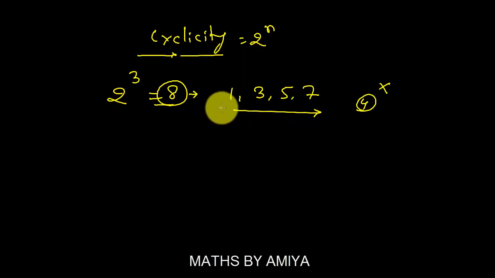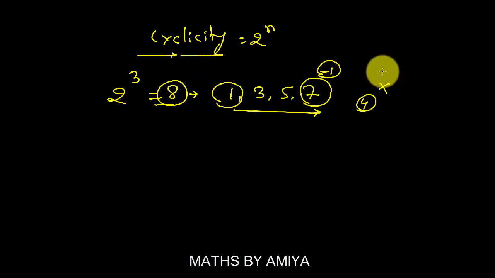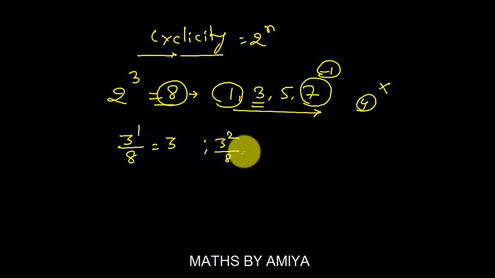Why? At the start of the video, we avoided taking 1 and 7 because 1 will always give 1, and 7 is nothing but minus 1, so it will give 1 next, and so on. So take 3. 3 raised to power 1 divided by 8 is 3. 3 square divided by 8, that is 9, gives 1. So if we took 3, we have only utilized 3 and 1.